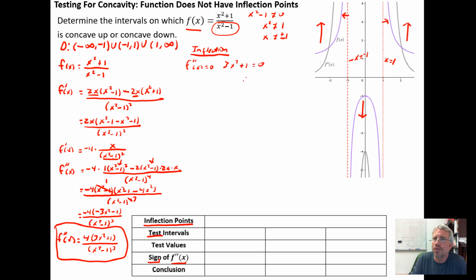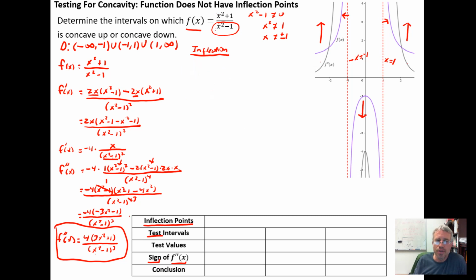And if we try to solve this, we're going to get x squared equals -1/3. So we would get x equals plus or minus the square root of -1/3. And this is a complex number, so there isn't a real number zero for this derivative. So I don't need to worry about it being equal to 0. I want to note that it can't be equal to 0 because 3x squared plus 1 cannot equal 0.